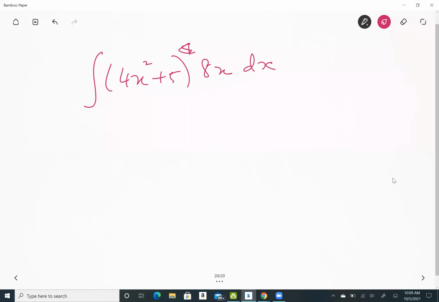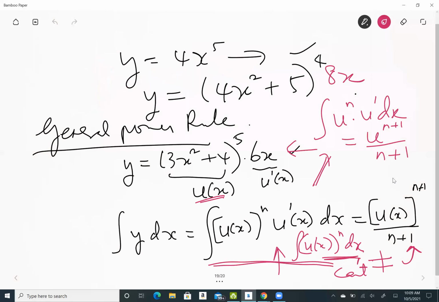So if I want to integrate that, what do we do? Now we know the rule is that we should have u to the power of n multiplied by u prime dx. Then only the integral will be equal to this thing.